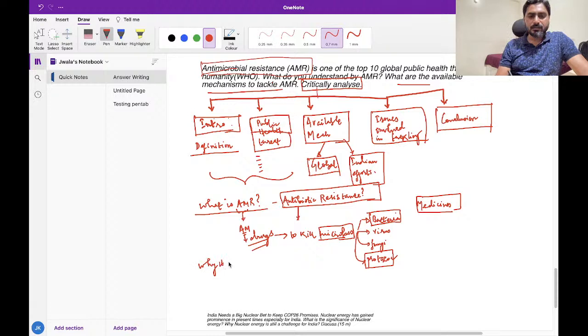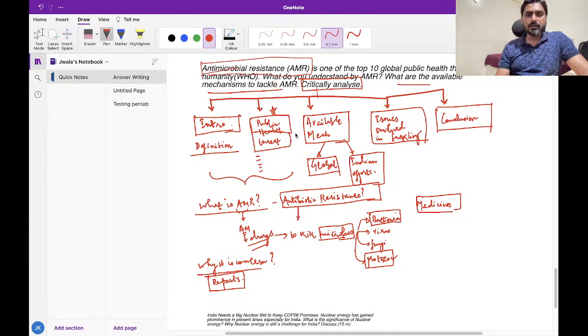In order to highlight this part, you can give some logical arguments, or you can also cite some reports. Those reports can highlight the magnitude of this particular problem, that AMR is a big threat.